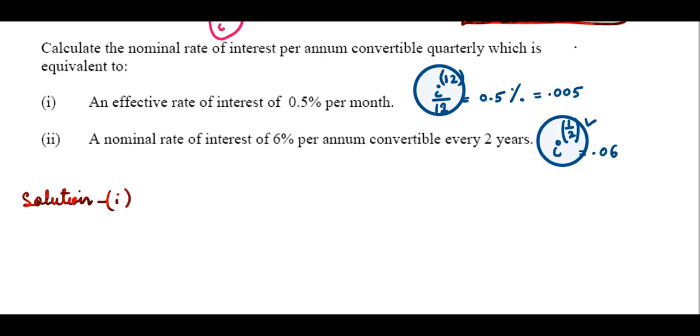Here, i-12 by 12 is given, you need to find i4. So I will write i4 to the left because I want it.